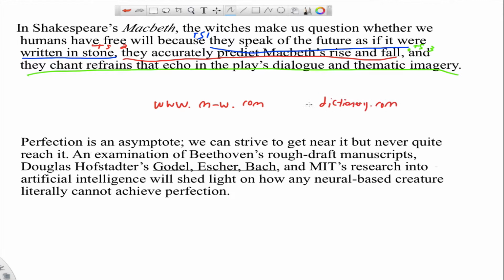Whenever I have written for professional magazines, if we weren't using the OED, the Oxford English Dictionary, we were using good old Merriam-Webster as a standard.